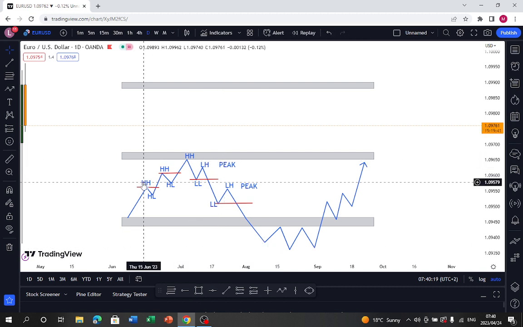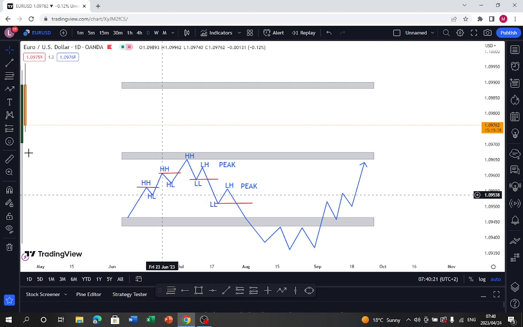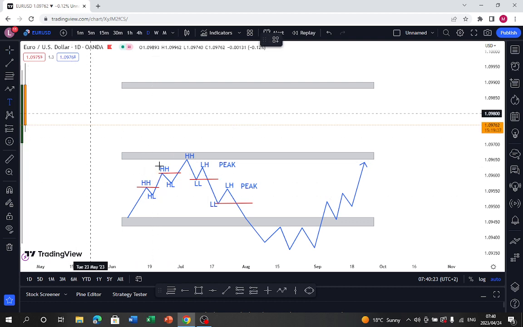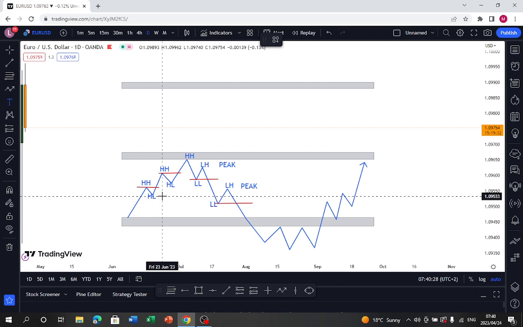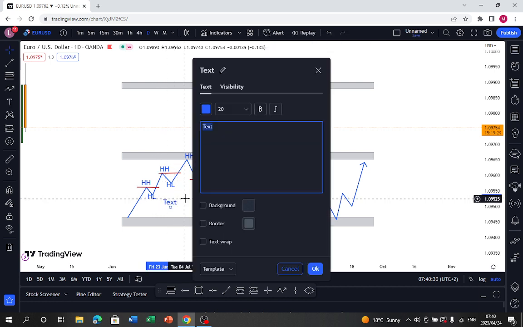Here this is also called a valley, right? You can also call this a valley. It's a valley.